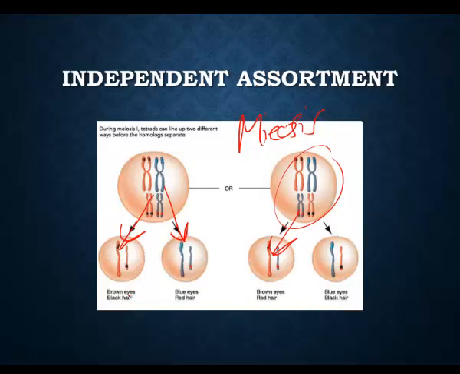So in this case, we're looking at 2 genes. We're looking at hair color and eye color, and in this case, you can get any combination: blue eyes, brown hair; blue eyes, red hair; brown eyes, red hair; blue eyes, black hair. Any combination of those genes. They don't travel together. They independently assort and they're also segregating.